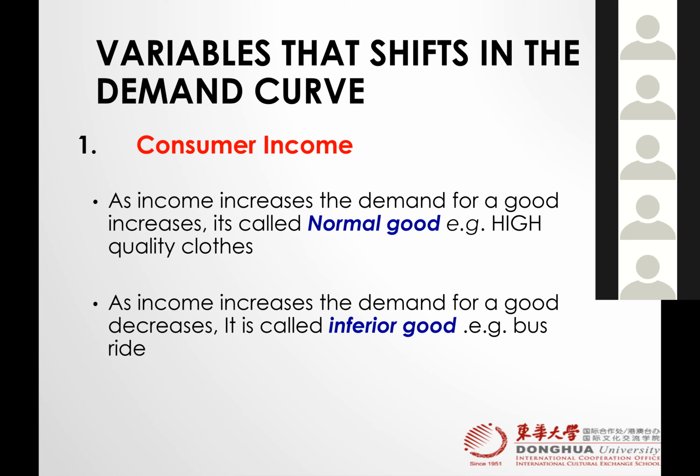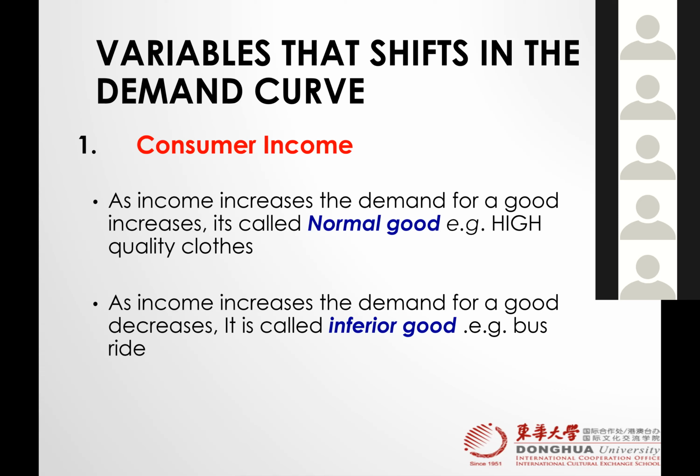For example, H&M or Old Navy dresses or some high quality dresses, Louis Vuitton shoes or purses, just like that. So when your income rises, now you can say that I want to consume more, right? You go over there and you purchase that one. It means that product, in economics, we call that a normal product.